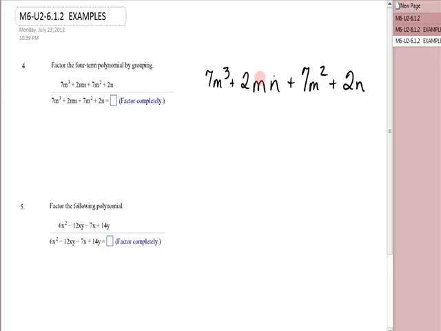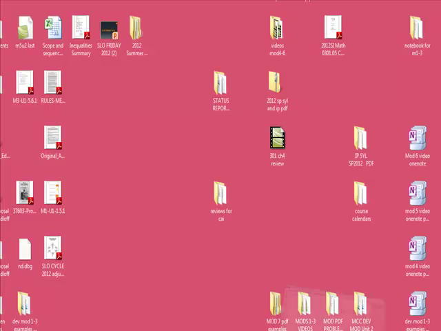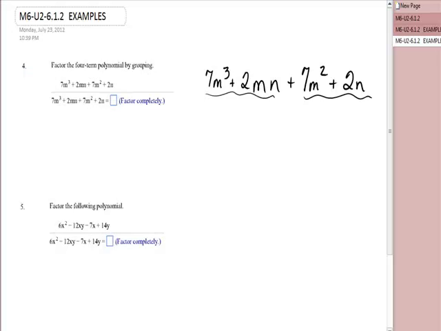All right, there's not a common factor to all the terms, so I will do my groups of 2. In the first group, there is a common factor of m, and that's all. So if I divide m into those, that'll give me 7m squared plus 2n.